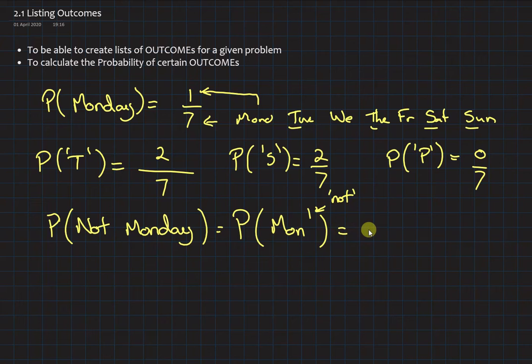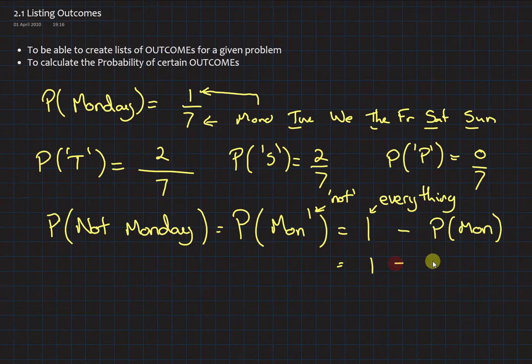Probability of not being a Monday, well, that is everything, the 1, minus the probability of a Monday. So we have 1 minus 1 over 7, put them into our common fraction. Common denominator is 7. I had to multiply that by 7 to get here, so 7 minus 1, 6/7. Yes, you can jot those through quite quickly, but often knowing the not is quite useful.